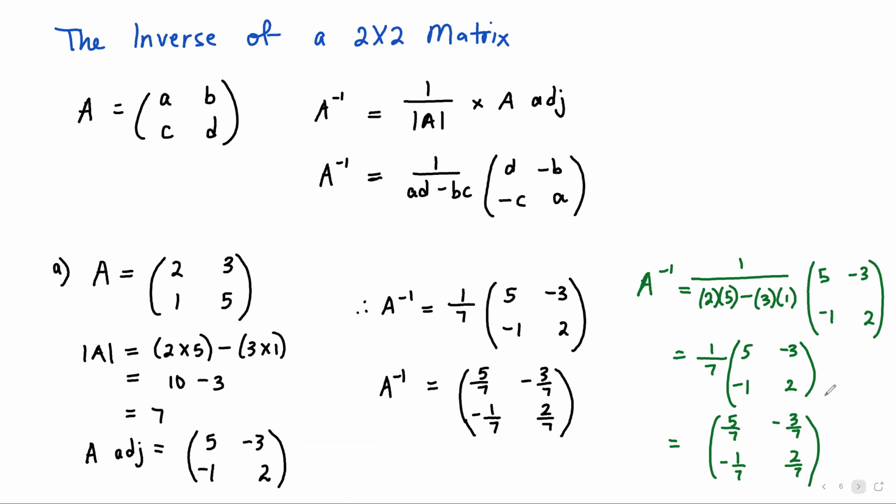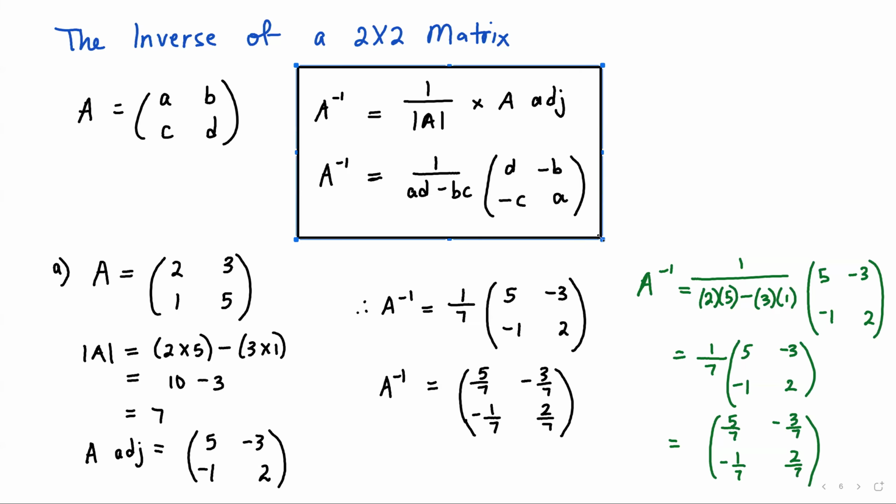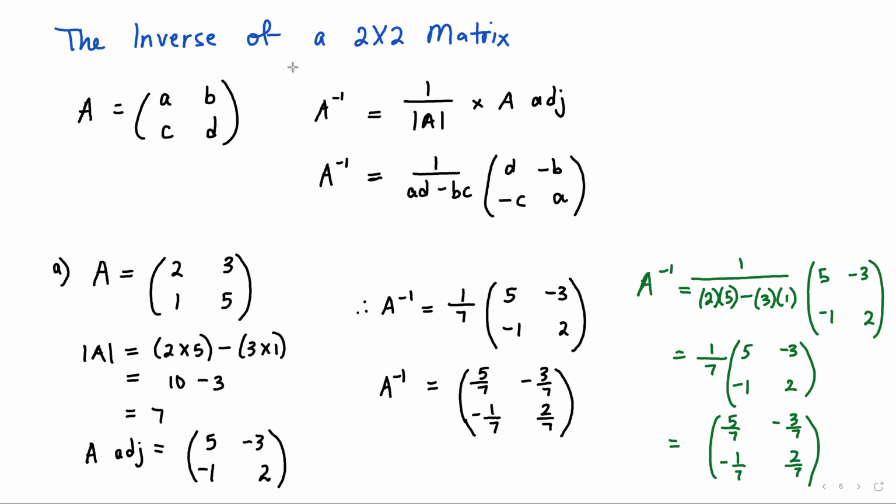And then we put it together to talk about the inverse of the matrix. So the inverse of the matrix is given as 1 over the determinant of the matrix multiplied by the adjoint of the matrix.